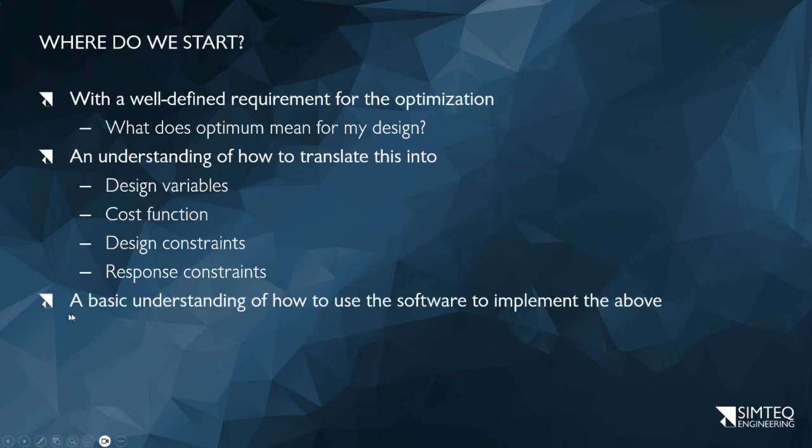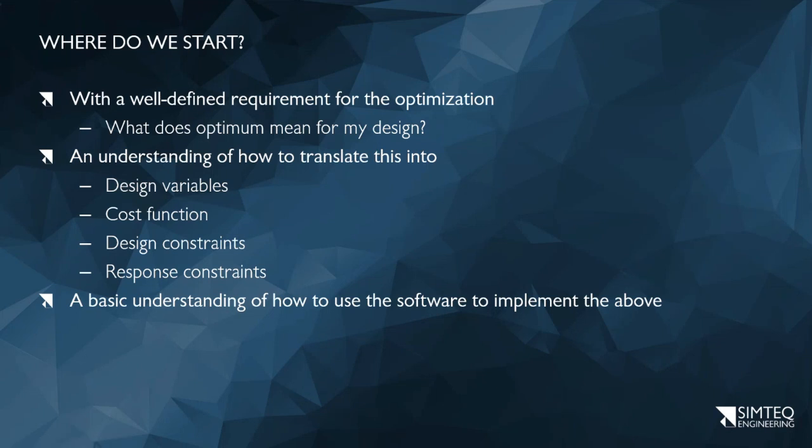Once you have this, at this point it's still independent of the software you use. Now we can go into the software, and that last bit is a basic understanding of how to use the software to implement the above. For something like sizing optimization, it's pretty easy to do. If you want to use generative design, it's a specific interface for a very specific purpose, so it's also relatively easy.